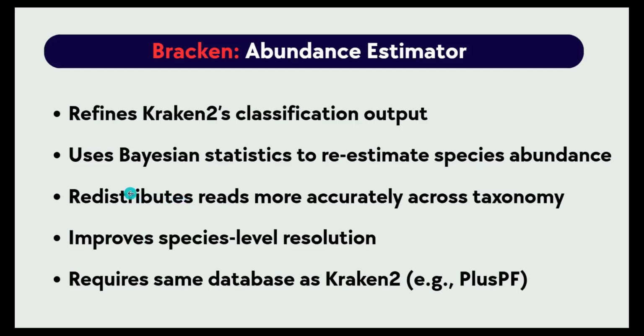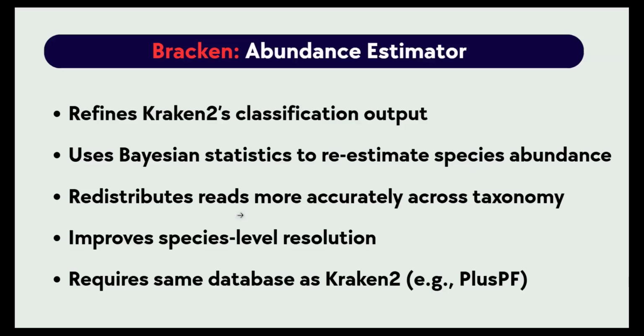The third point is that Bracken redistributes reads more accurately across taxonomy. Sometimes Kraken 2 assigns a DNA read to a higher level, like genus, because it's not sure about the species. This is where we can give our example, the old relative and your uncle that you see on a daily basis.